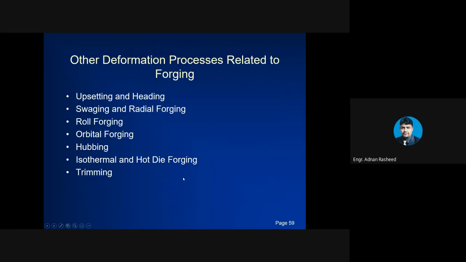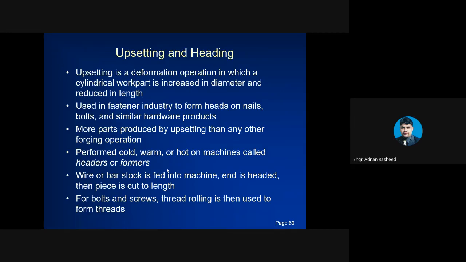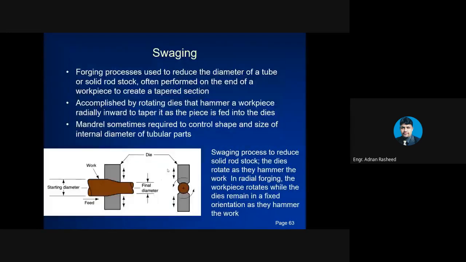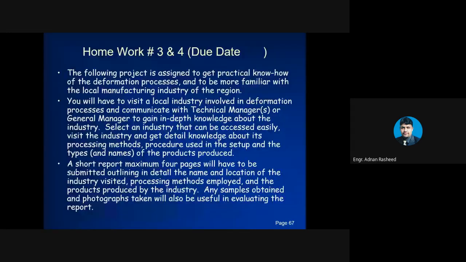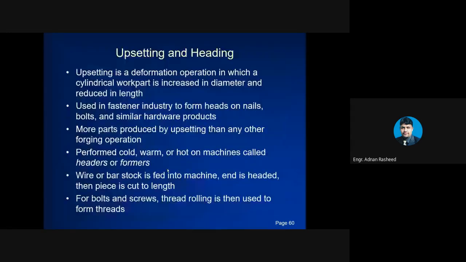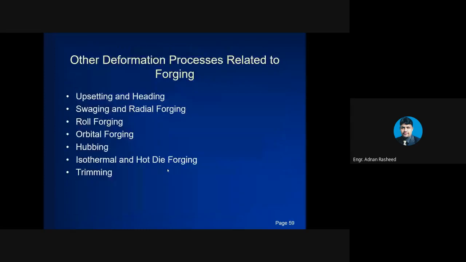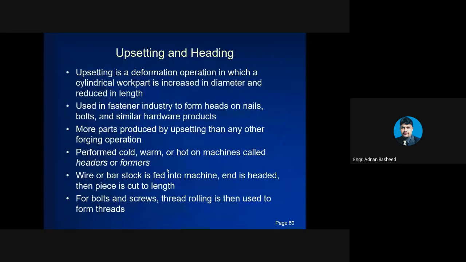Other deformation processes related to forging are upsetting and heading, swaging, radial forging, roll forging, orbital forging, isothermal forging, and trimming, etc. So we have to go through upsetting and heading.